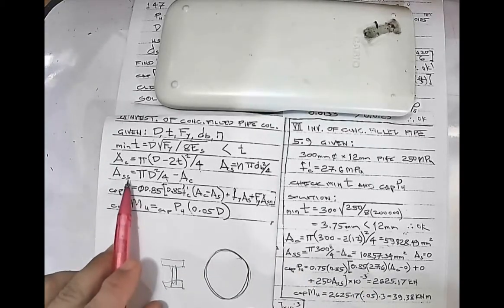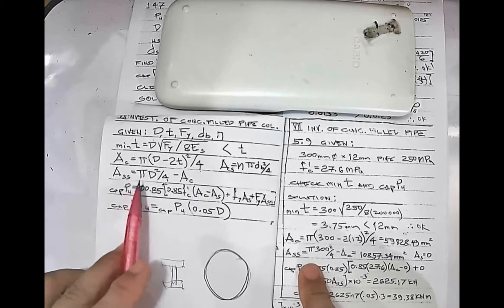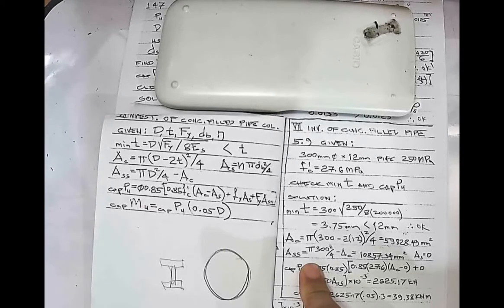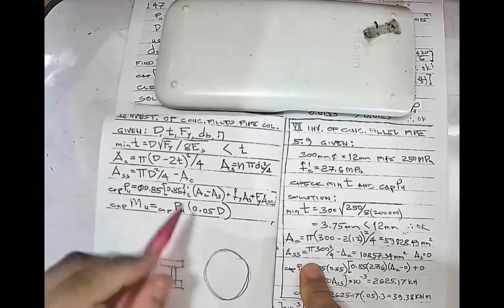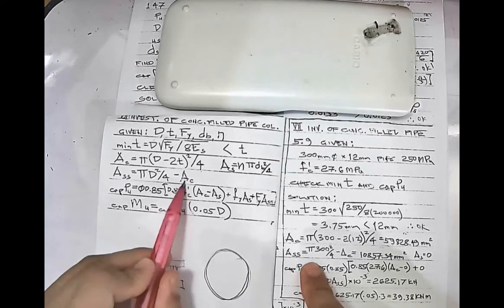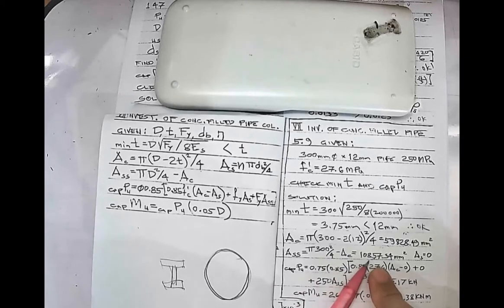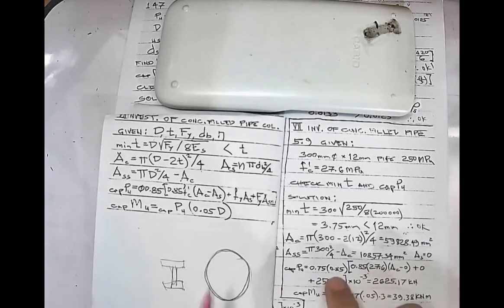So, ASS now, area of steel section, is the area of the whole pipe minus the area of concrete. Okay, so pi times d square, 300 square all over 4, it will give you 10,857.34 millimeters square. So AS is equal to 0.